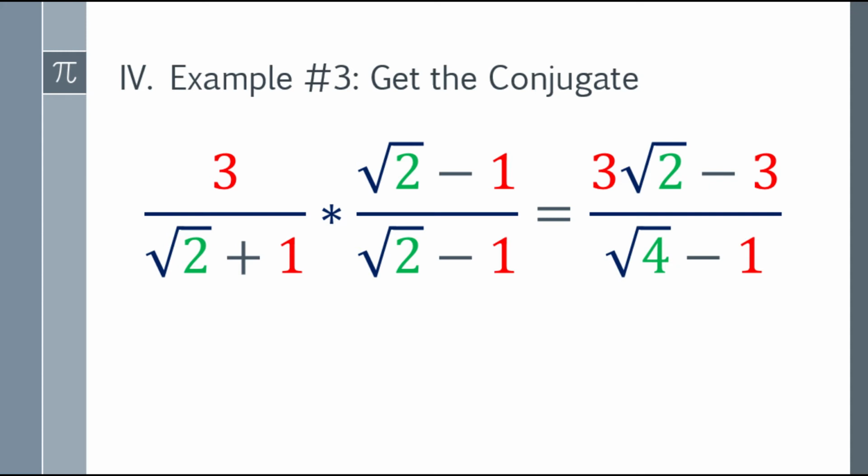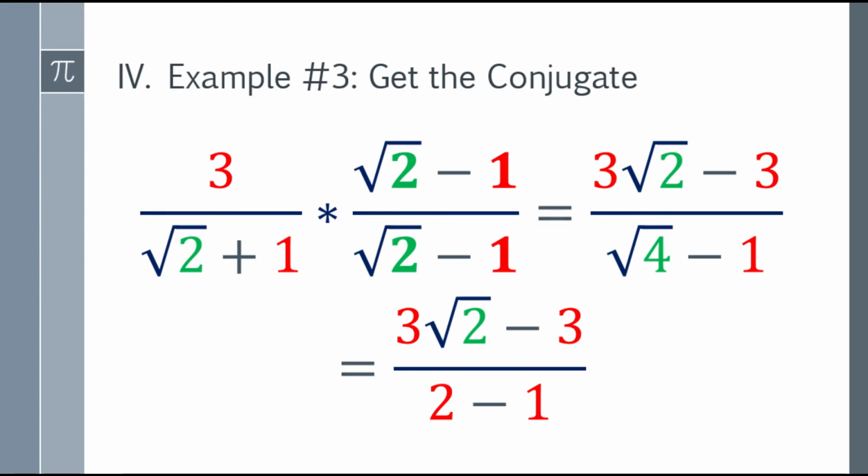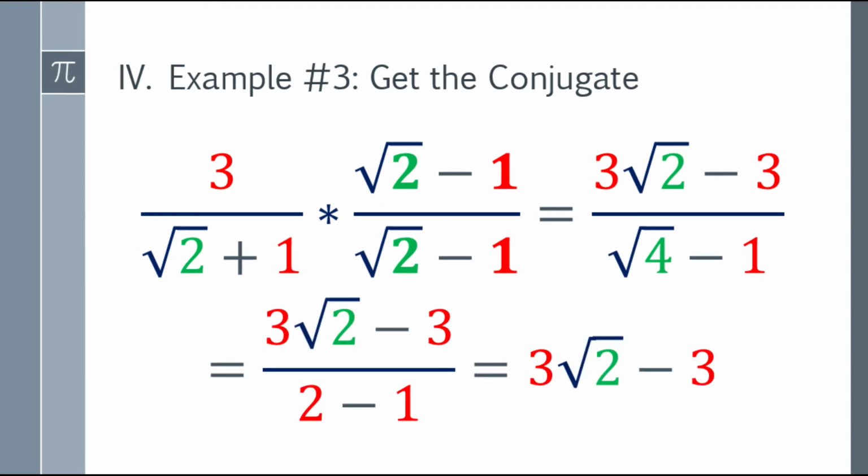At sa denominator naman, that will be square root of 4 minus 1. Simplify the square root of 4. That will be 2. Ngayon, 2 minus 1 is 1, right? So, pwede na natin i-omit yun. So, any number, dinivide mo siya ng 1, will be the same number. So, the final answer will be 3 square root 2 minus 3.